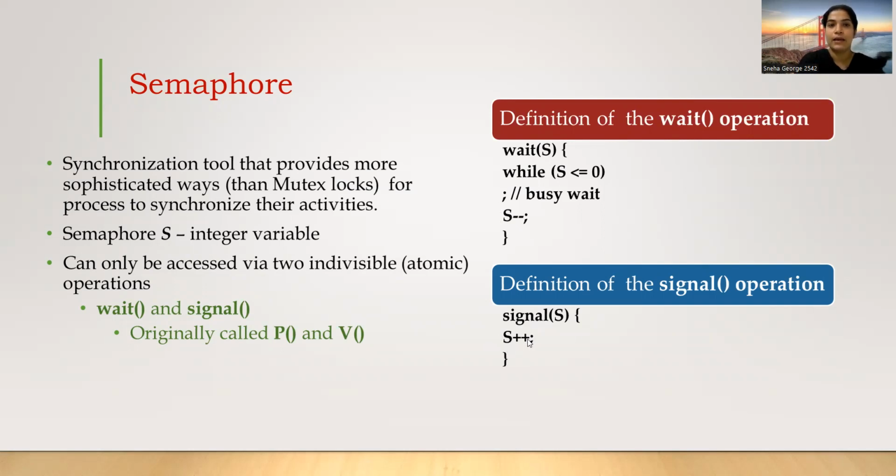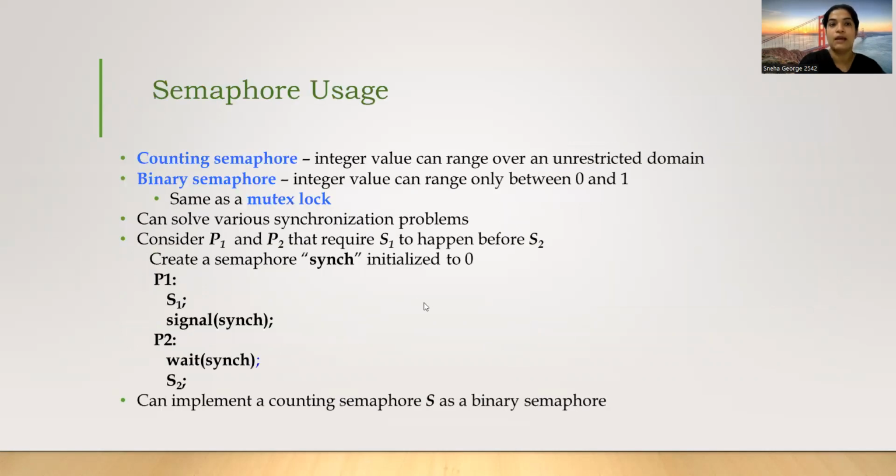So let us see the types of semaphores. There are two types: the first one is the counting semaphore and the second one is the binary semaphore. It is the same as a mutex lock. From the name itself we can say that a binary semaphore will have an integer value ranging only over 0 and 1.